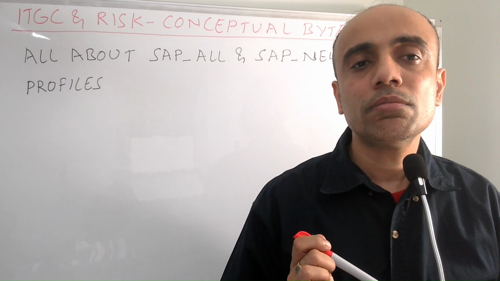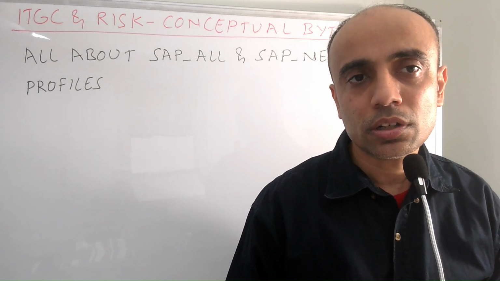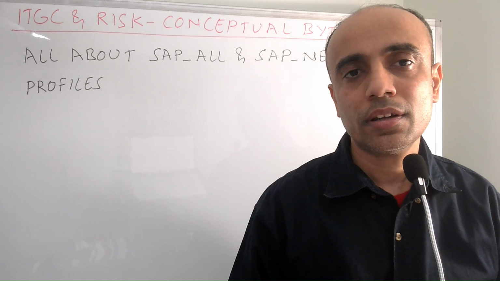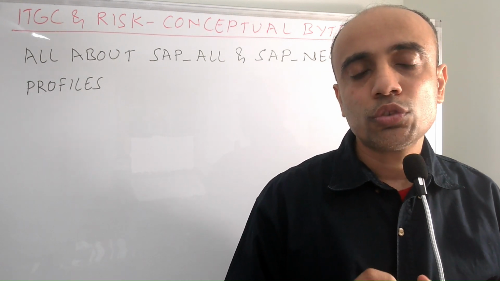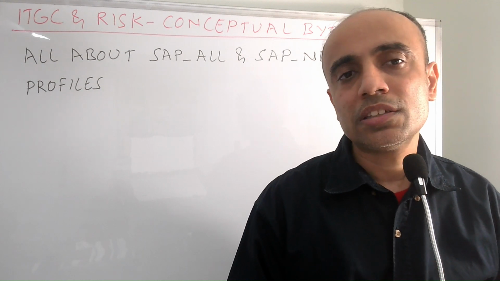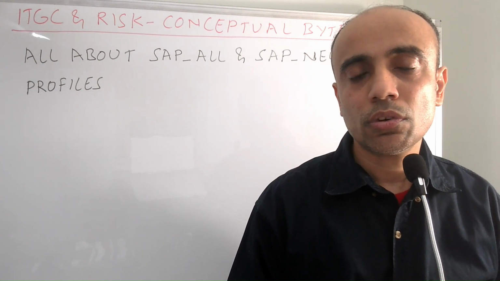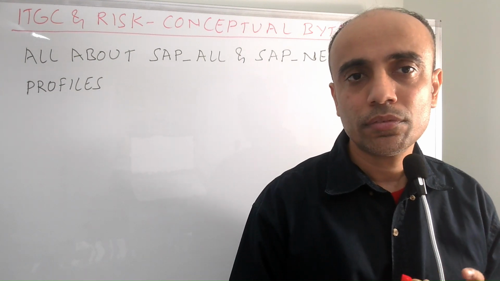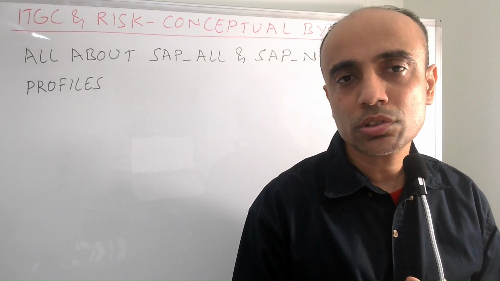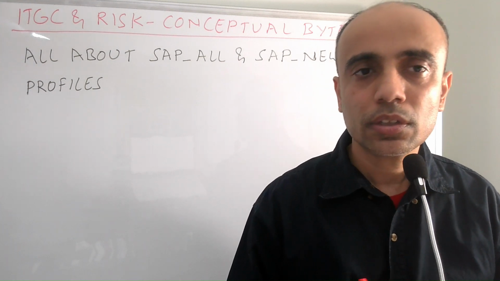Now the interesting question is, how do you test SAP_all and SAP_new profiles? So first we have to understand that these profiles can be assigned to users or through roles. So two ways you get this profile: assigned directly to users or assigned to a role.